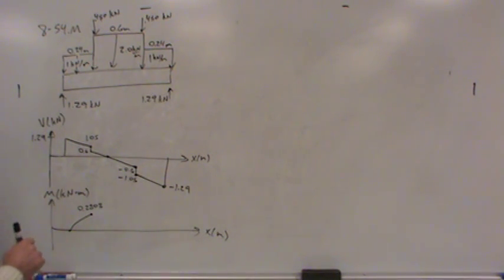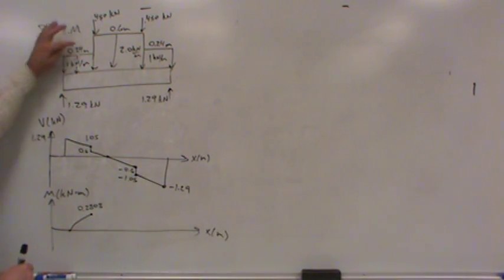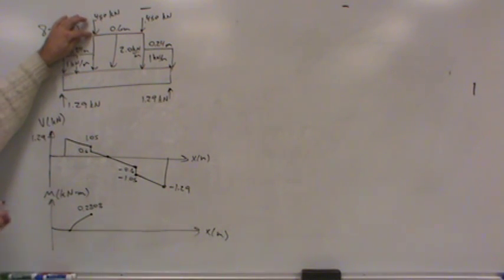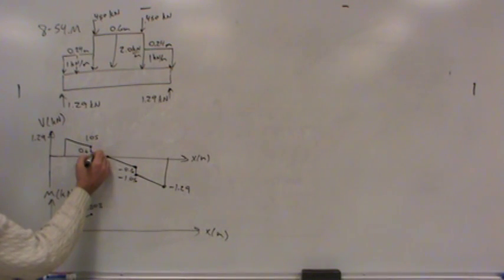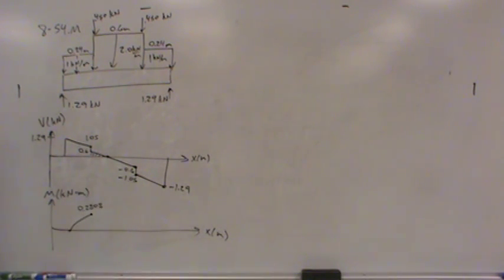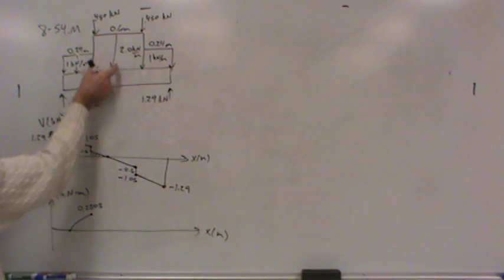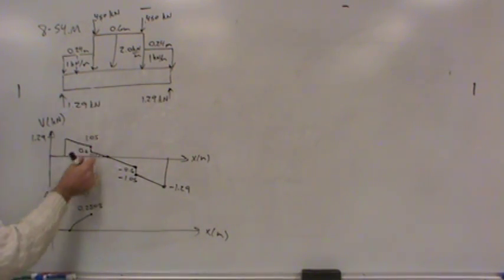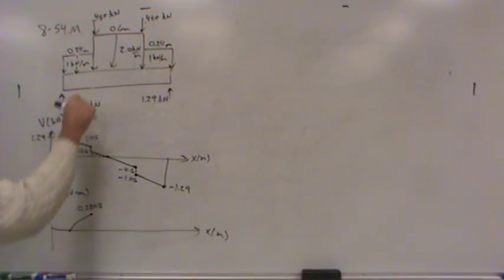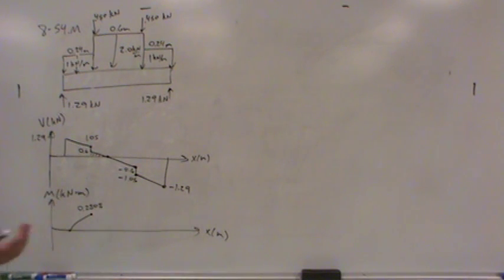Okay, good. What next? Notice this concentrated load does not cause a concentrated moment. So all we need to do is add more area. This area here would be 0.6 multiplied by 0.3 over 2, because 0.3 is half that distance, and it's a triangle. 0.09.